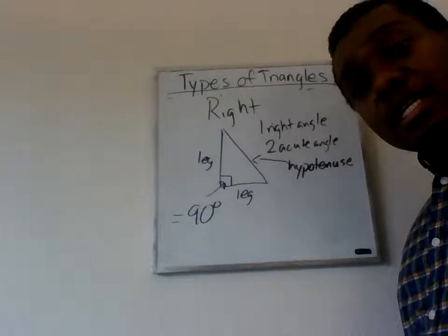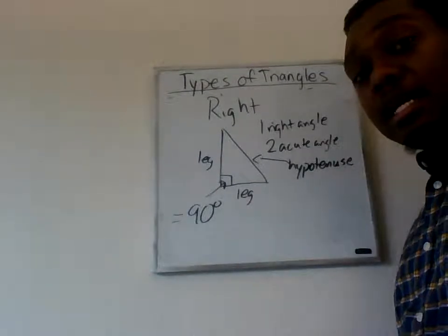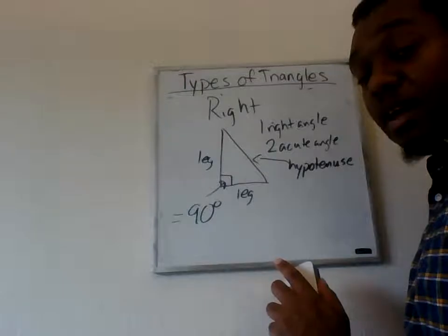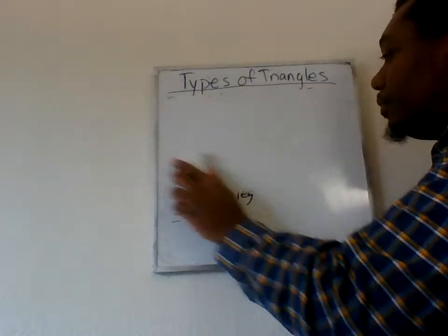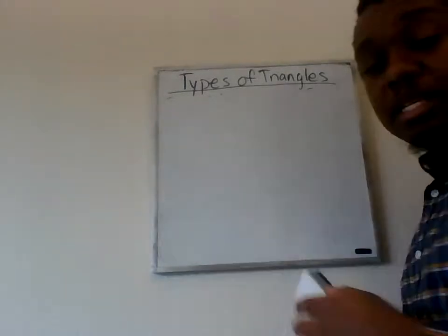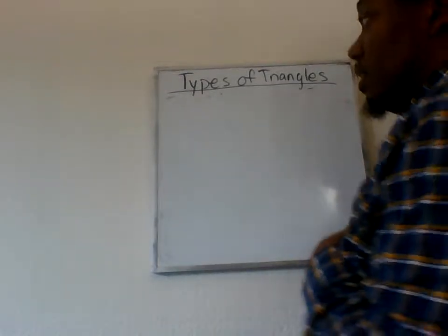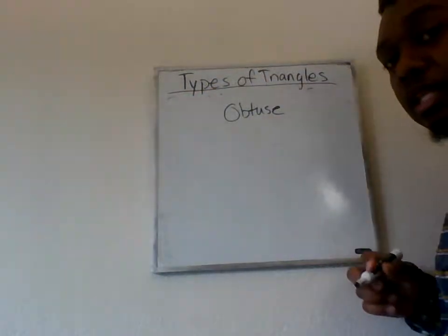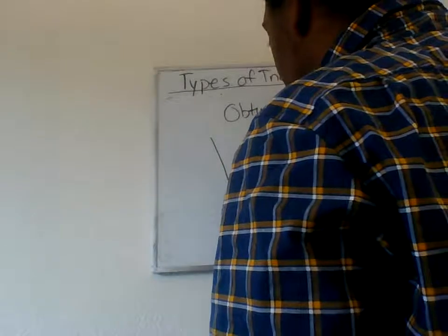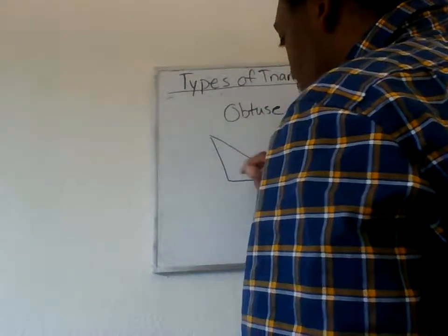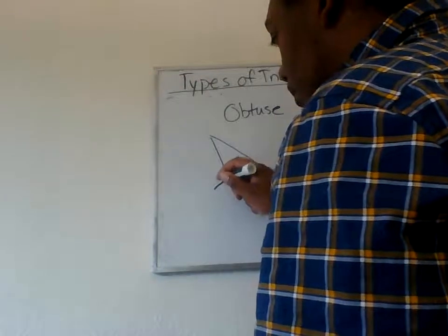So let's look at the next way we can define triangles based off their angles, and that will be, you probably guessed it correctly, an obtuse triangle. An obtuse triangle is a triangle in which one of the angles is obtuse.